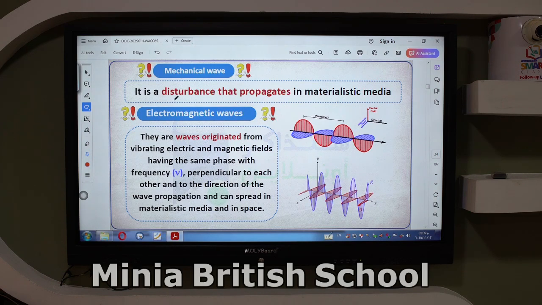Mechanical waves are disturbances that propagate in a medium. Electromagnetic waves originate from a vibrating electric and magnetic field. So we have two fields, magnetic and electric, which make up the electromagnetic wave, like here.